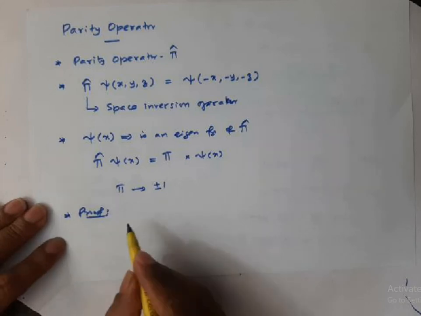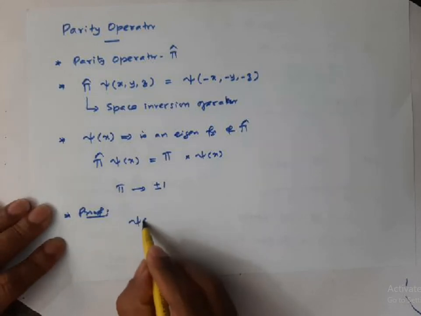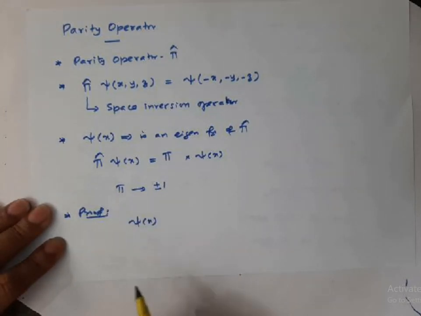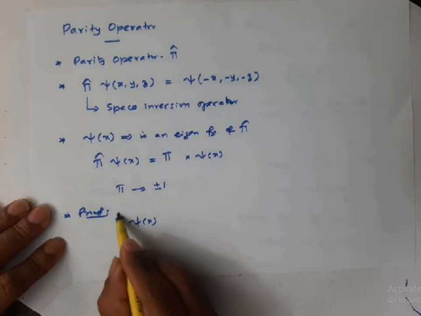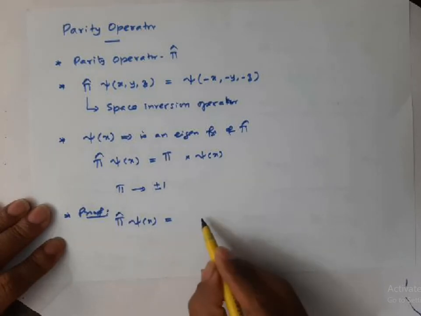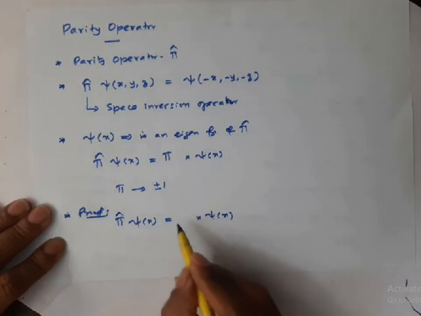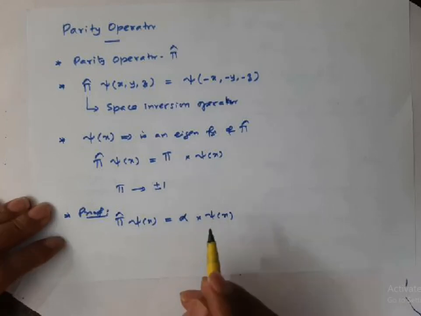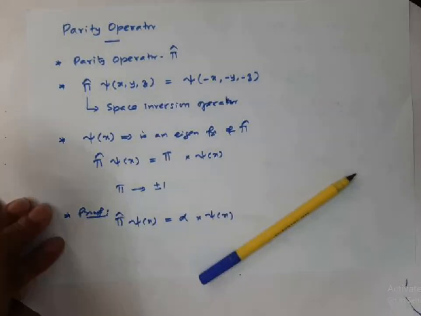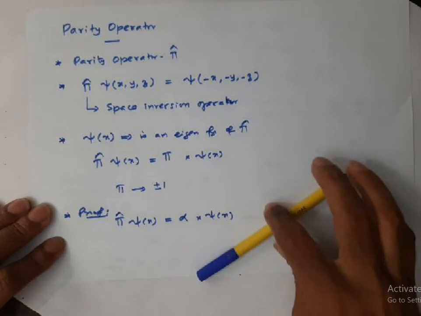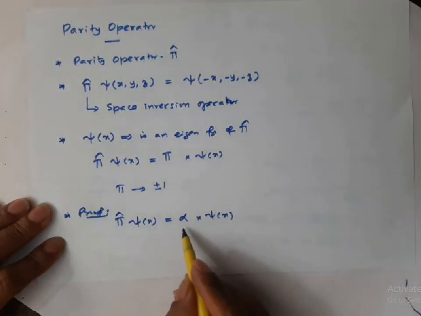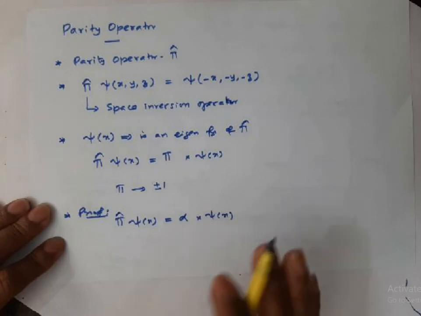You take some function, say psi of x. If I apply a parity operator on this function and it is an eigenfunction, I'll get the same function multiplied by some constant, let it be alpha. So alpha is the eigenvalue. We don't know the eigenvalue of the function right now, so let it be alpha.